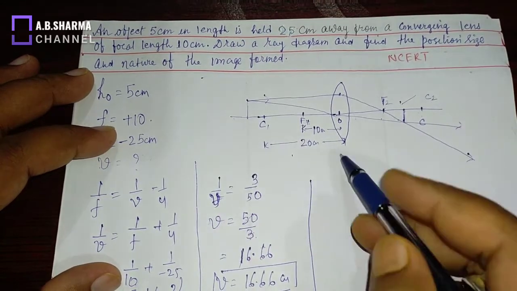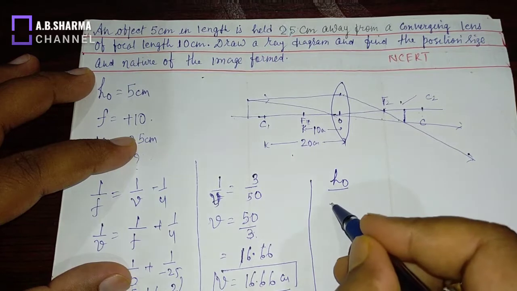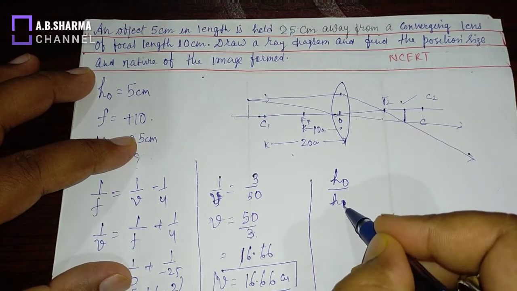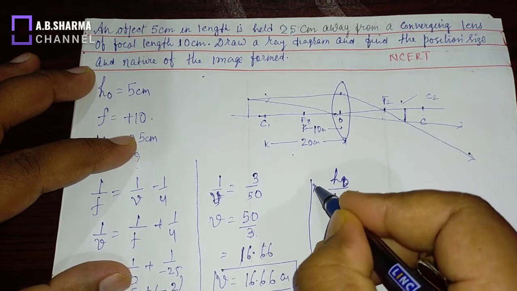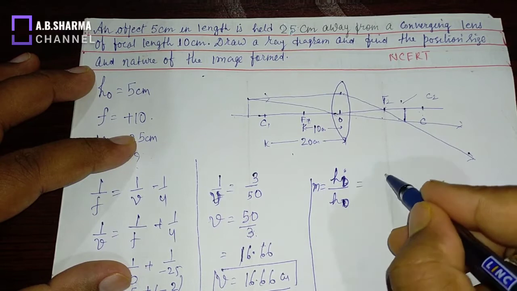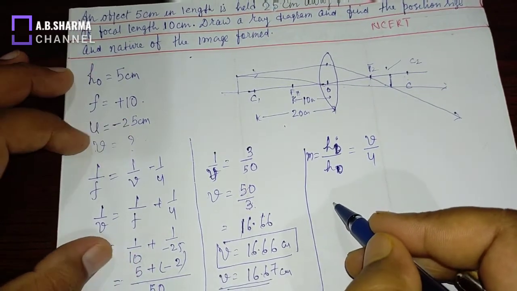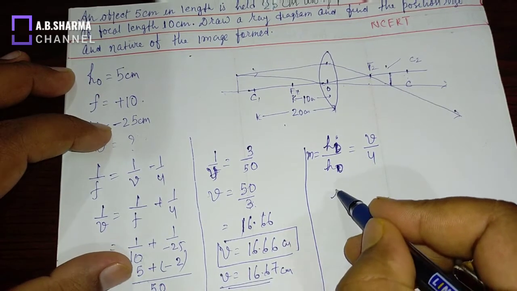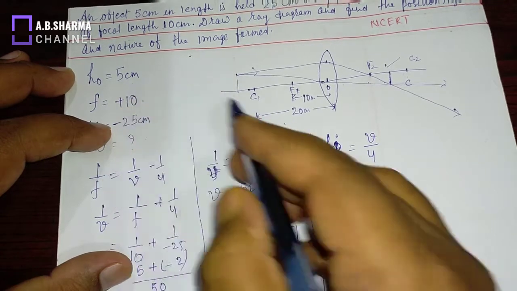Size and nature. Size, so we know that magnification equals to HI over HO equals to V over U, and HO is given, so HO is 5 centimeter.